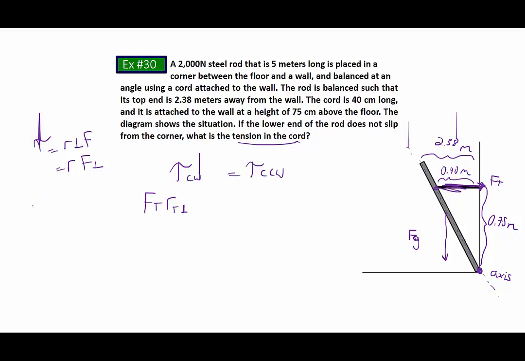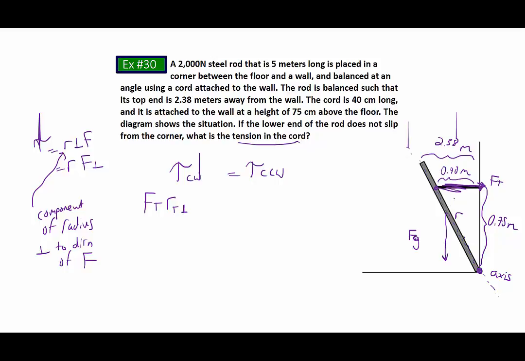I'm going to use this one here, R perpendicular F, and what that means is it's the component of the radius that's perpendicular to the direction of F, perpendicular to the direction of the force. So I have my R here.